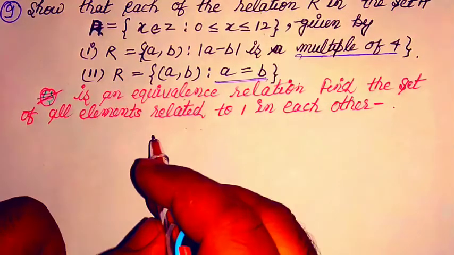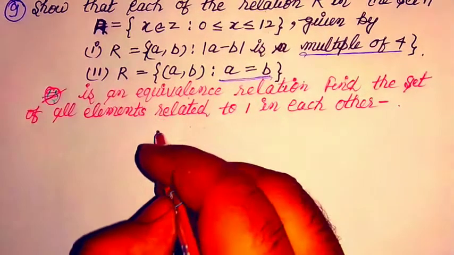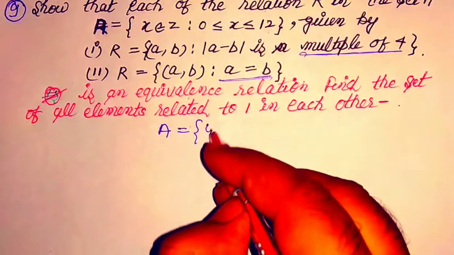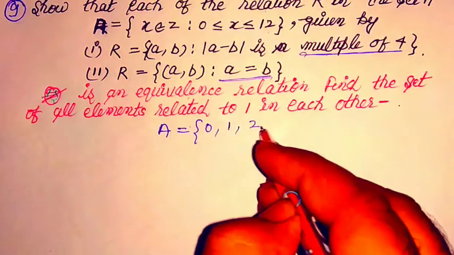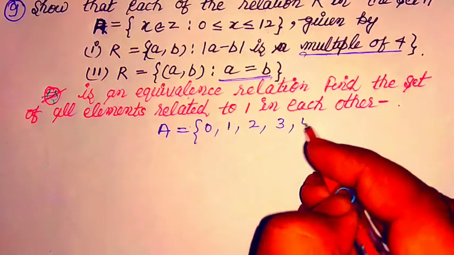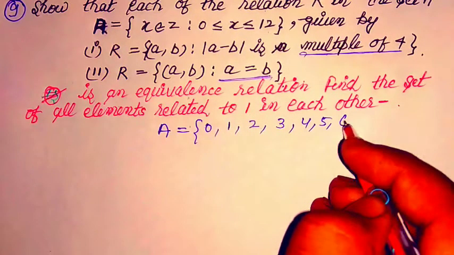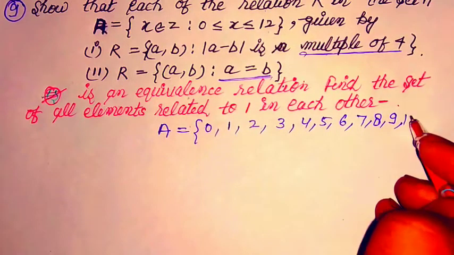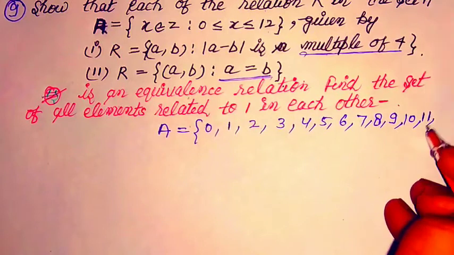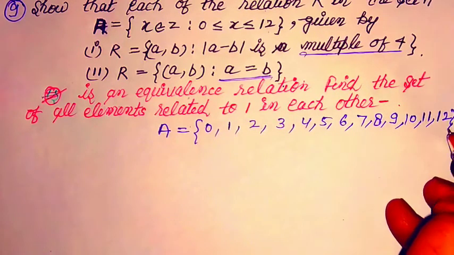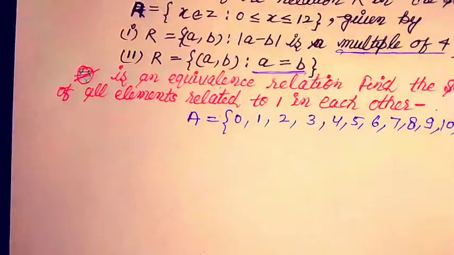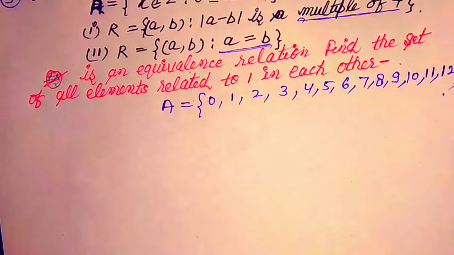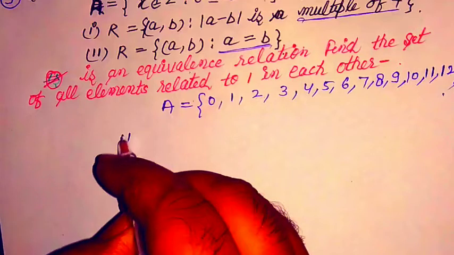So first we will write set A in roster form here: 0, 1, 2, 3, 4, 5, 6, 7, 8, 9, 10, 11, 12. It is the set here. So first we will check the first relation.